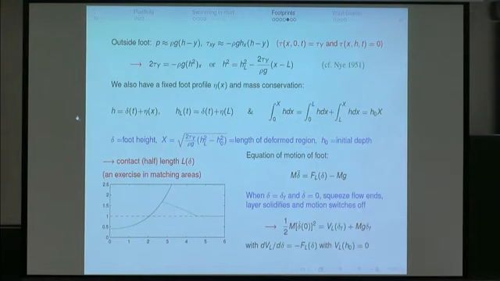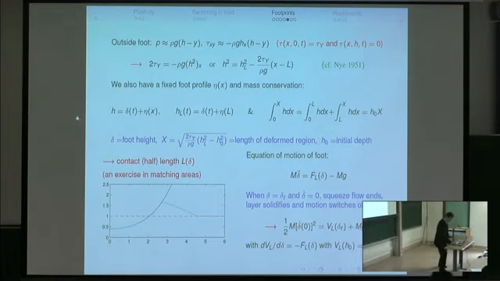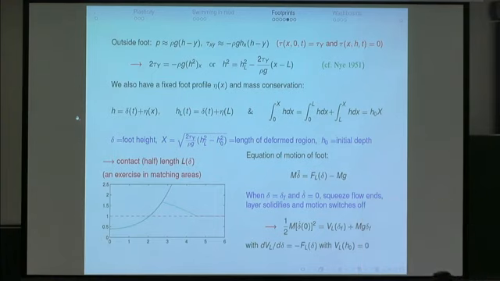What you can do is you can just integrate this by introducing a potential for this lift force, and you can relate the initial speed at which you make contact to the final depth. So clearly the final depth depends upon the initial speed as you're walking, as it should. So there's a model here for how far in you go.